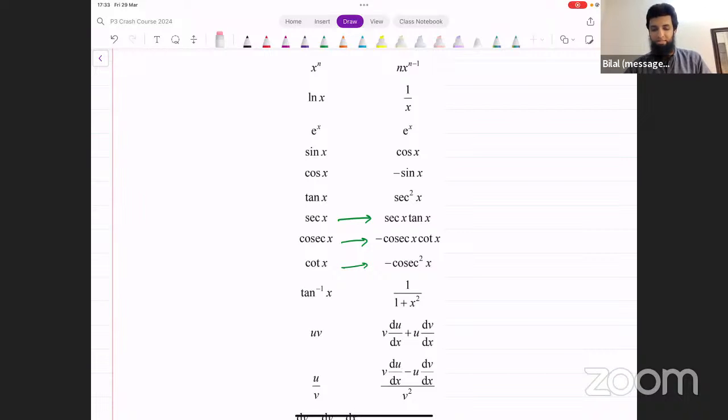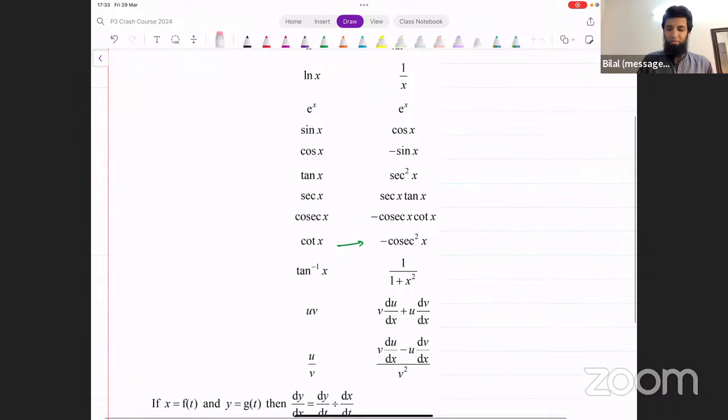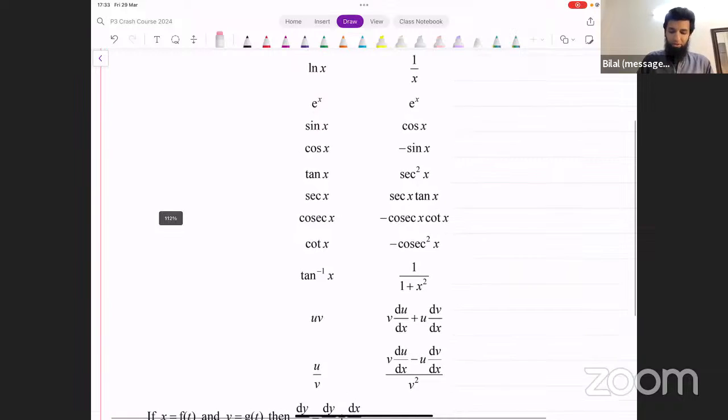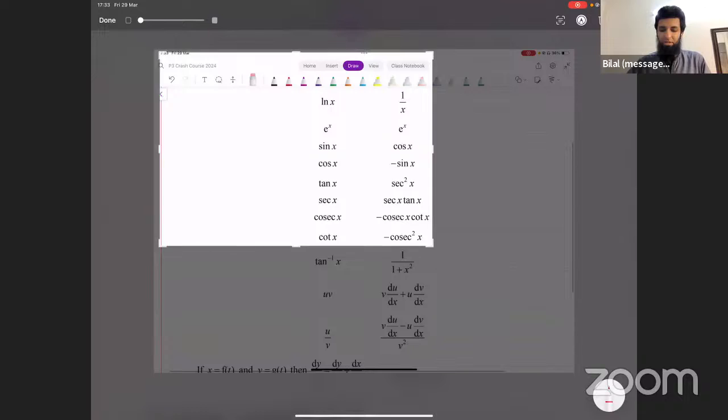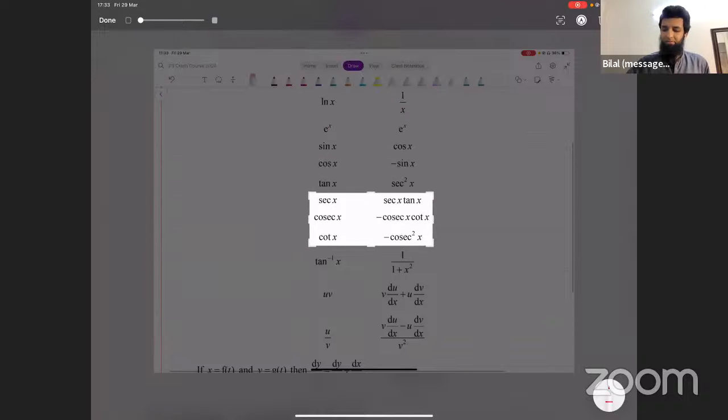We discussed these 3 rules in differentiation, but they're not given in the integration page. But the examiner still expects you to be able to use them. Now, what does that mean? Let me just copy this here. These are the 3 differentiation rules that you have, okay?